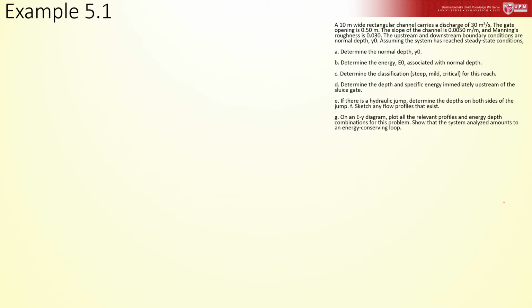First of all, let's draw again. So B is given as 10 meter. B is the width of the rectangular channel. And the Q is 30 cubic meter per second.